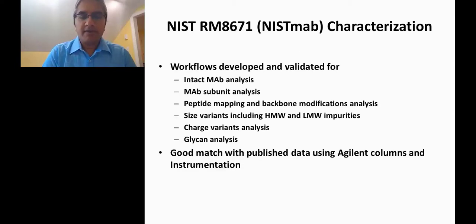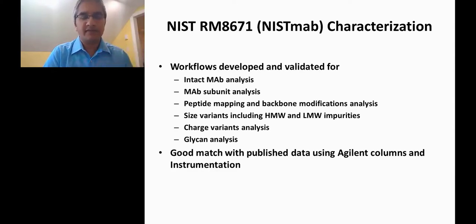So what I wanted to do is summarize all the things we have done, but focus very specifically on a particular aspect of the integrated analytics, the glycosylation modifications that we've analyzed with the NIST antibody. We have developed workflows and validated them against the reference data for the intact antibody analysis, the heavy chain and light chain subunit analysis, the full peptide mapping and backbone modification analysis, size variants, charge variants, and the glycosylation analysis.